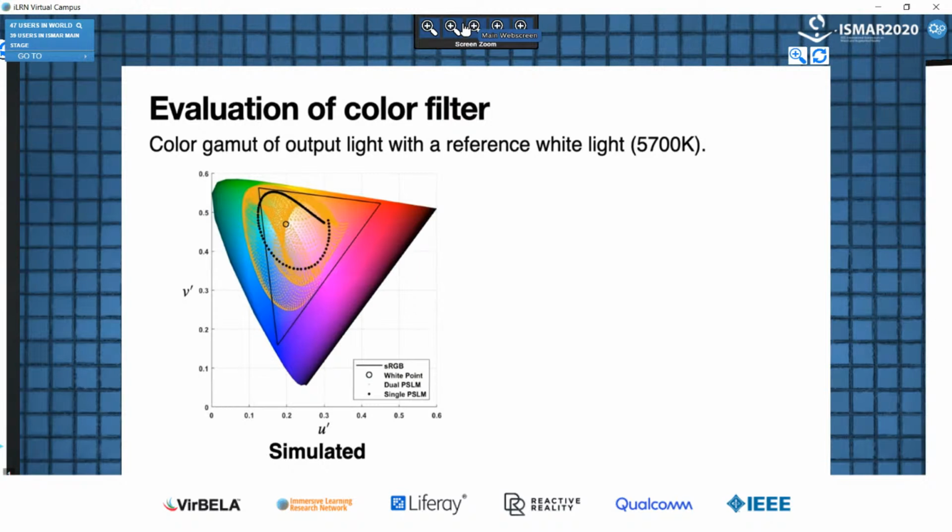In this figure, the black dots show a single PSLM setup, which is the existing light attenuation display. And the yellow dots show the proposed dual PSLM setup. From this result of simulation, we confirmed that the dual PSLM setup effectively extends the color gamut, and it fulfills 76% of the RGB color space.